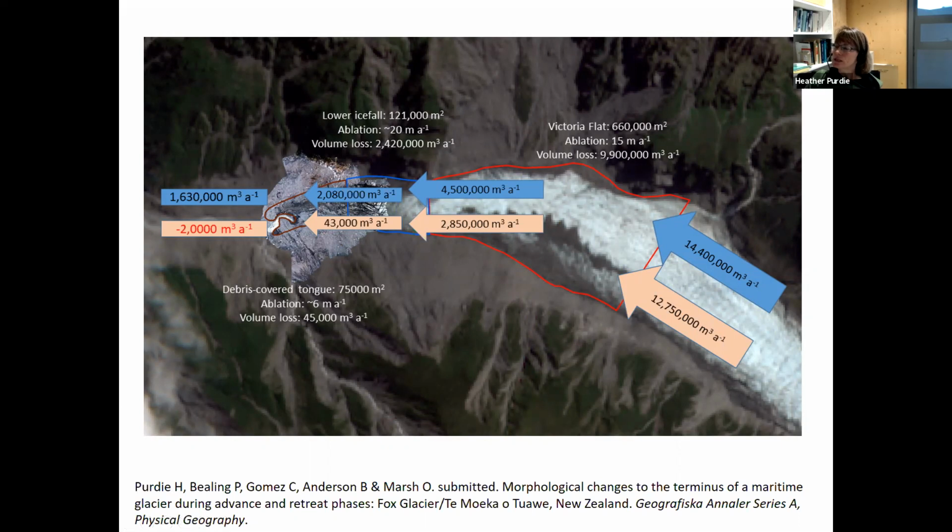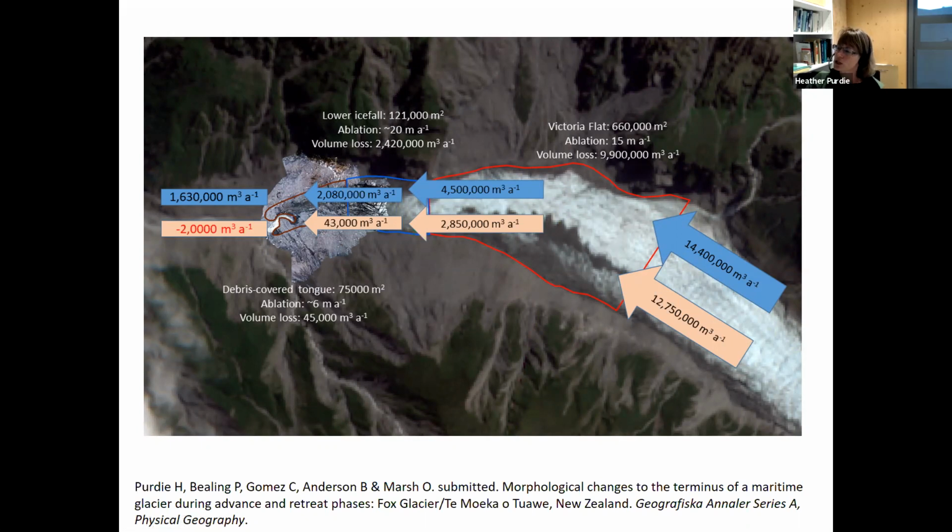And then, to get an approximation of what the losses are below that point, we used some previously measured surface ablation. So I divided this lower part of the glacier into three portions based on characteristic surface features.